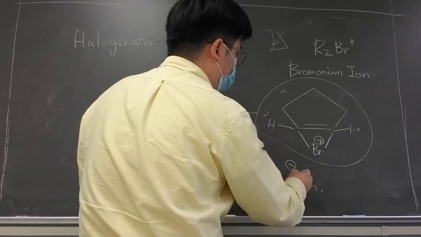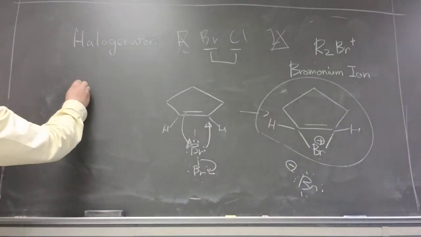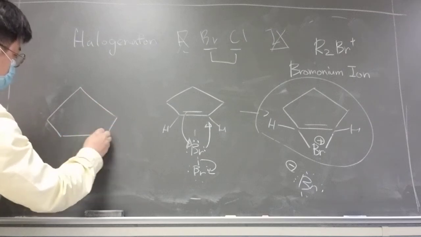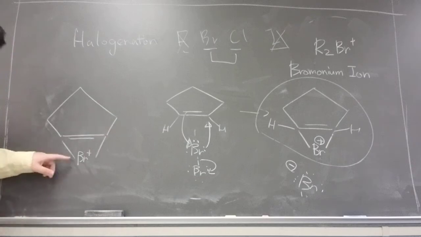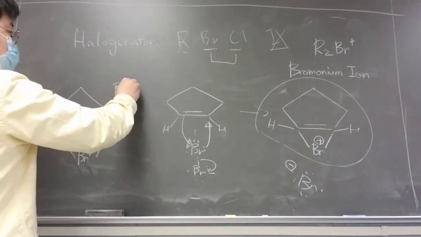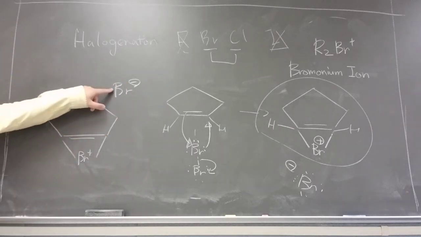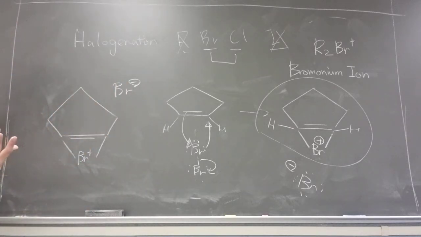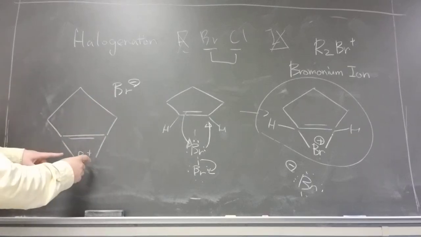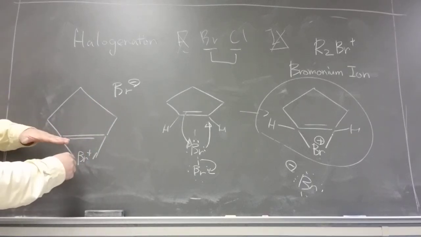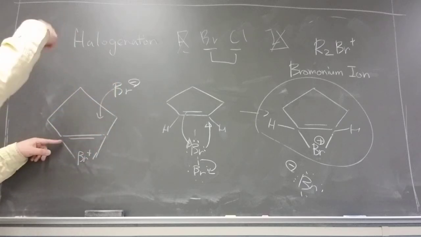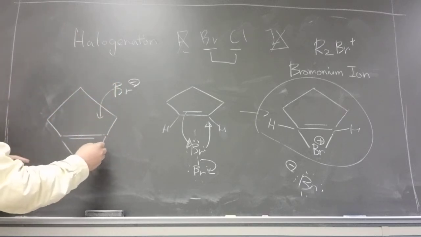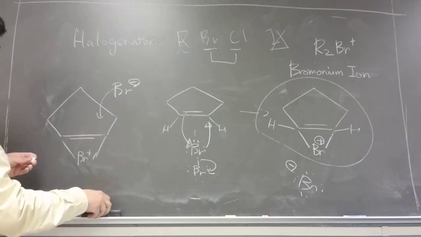Let me draw this one over here again. Now you have the bromonium ion made on the bottom, right? So you have the other nucleophile looking for a chance to attack. If the bromonium is already formed on the bottom, it can only attack from the top.